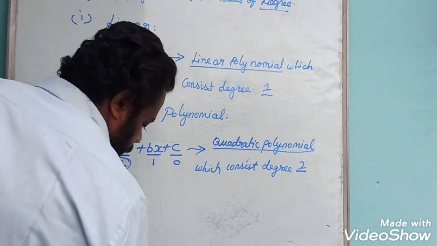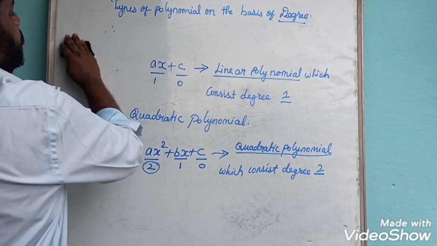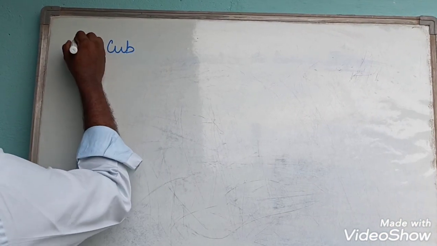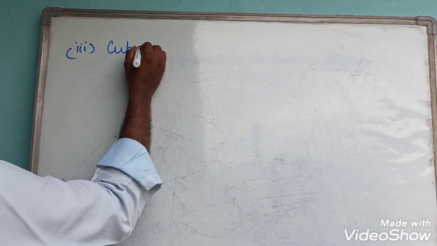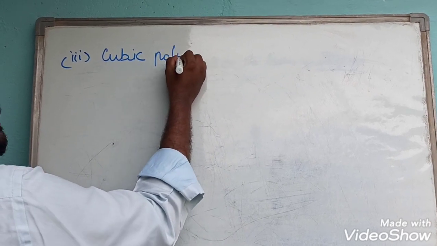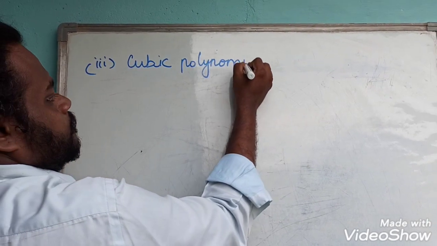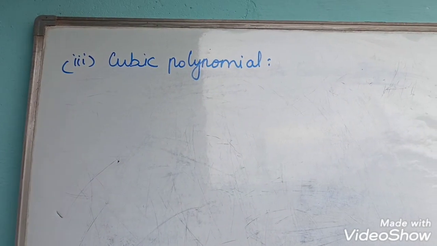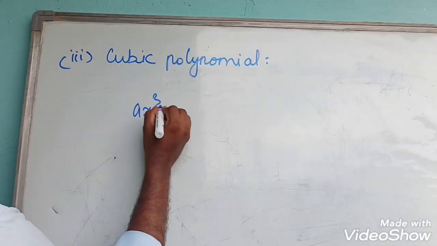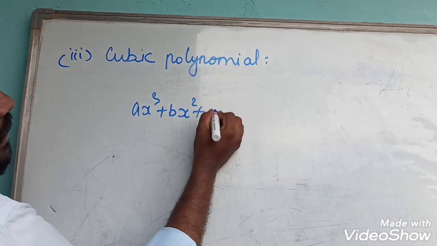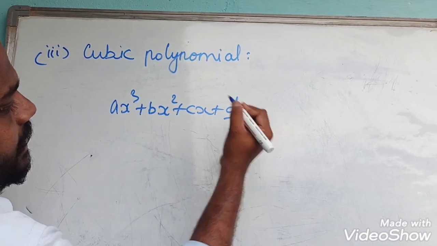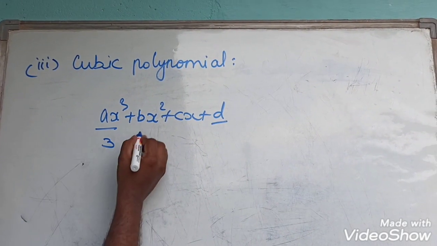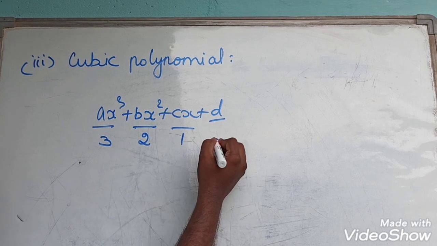Next we move on to cubic polynomial. Third one, cubic polynomial. The basic form is written as ax cube plus bx square plus cx plus d. Here d is the constant. We mention the powers: here 3 and 2 and 1 and 0.